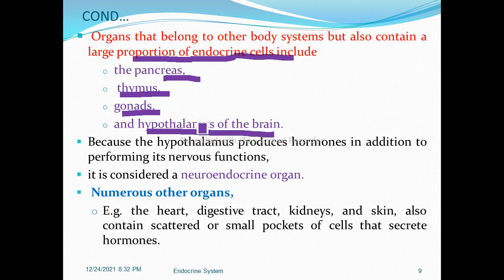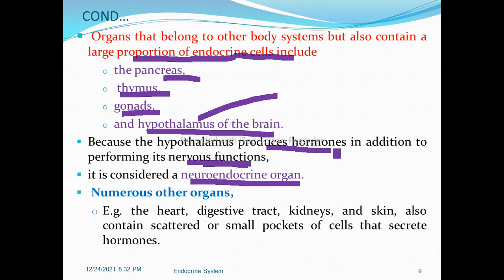The hypothalamus of the brain is known as a neuroendocrine gland, having a nervous portion plus an endocrine portion. Because the hypothalamus produces hormones in addition to performing its nervous function, it is considered a neuroendocrine organ.